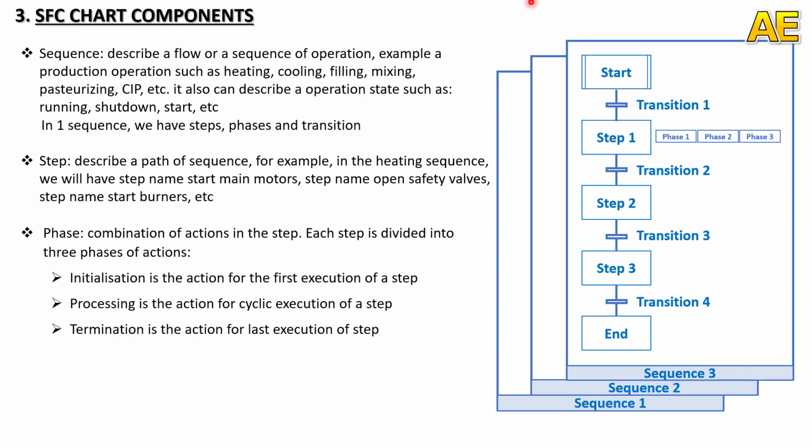The next phase is processing. This action will be executed in the cyclic execution of the step. And the final one is the termination. That is the action for the last execution of the step.